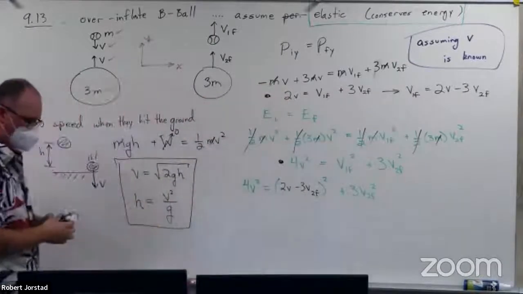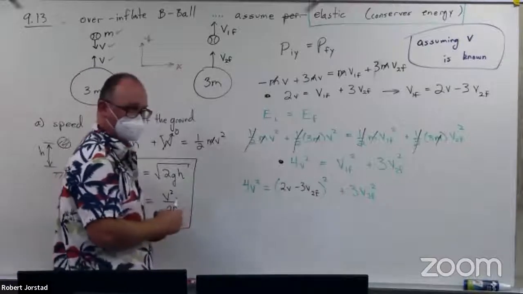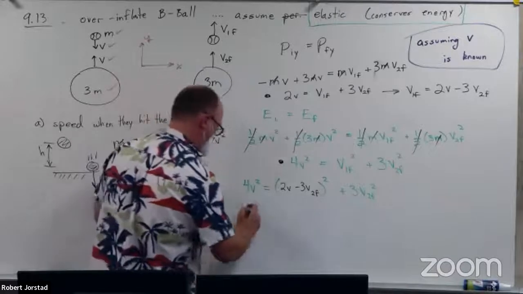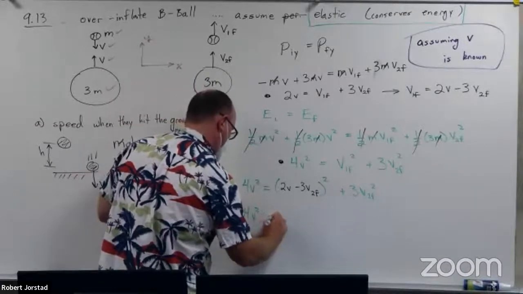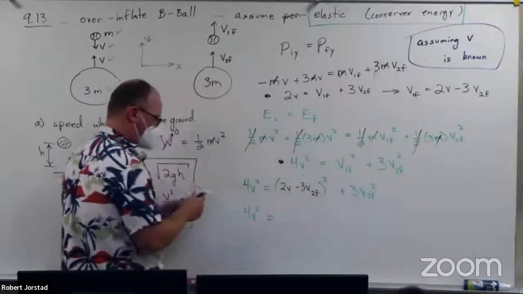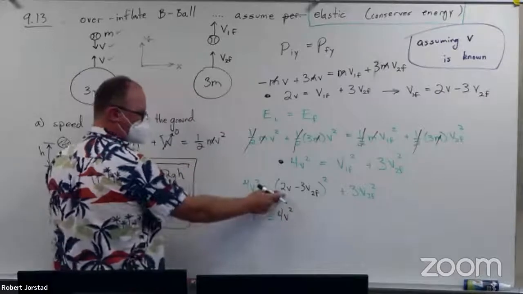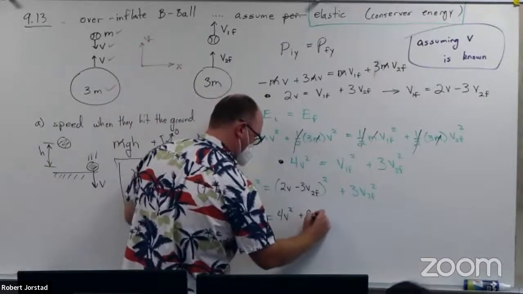These are generally the most time-consuming calculations in the whole class. So if you're wondering which calculations take the most algebra, it's these. Elastic collisions. They're just annoying. I'm going to FOIL that out. 4V squared, right? First term squared. Second term squared is going to get rid of the negative.